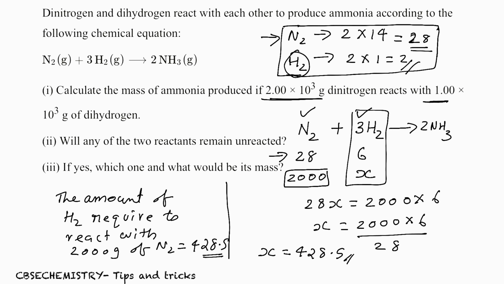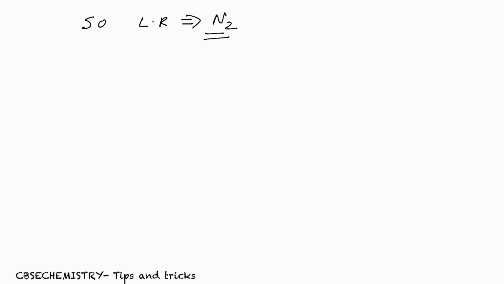But how much do we have? We have 1000 gram of hydrogen. We just need 428.5 gram of hydrogen to react with 2000 gram of nitrogen, but as per the question we have 1000 gram of hydrogen, which means hydrogen is in excess. You understand? So what is the limiting reagent? Of course, it is nitrogen. So we identified the limiting reagent.